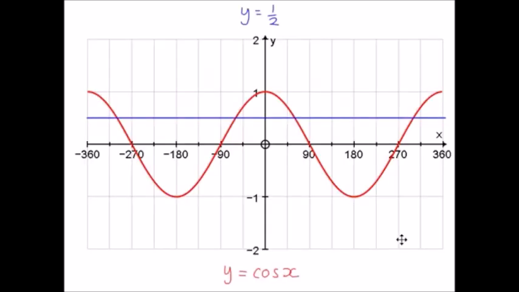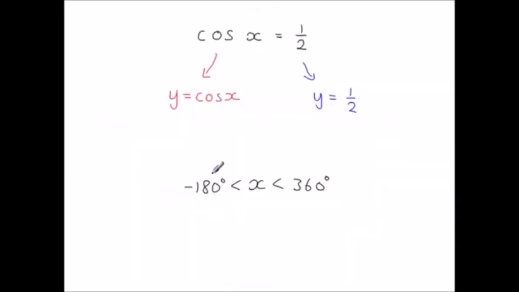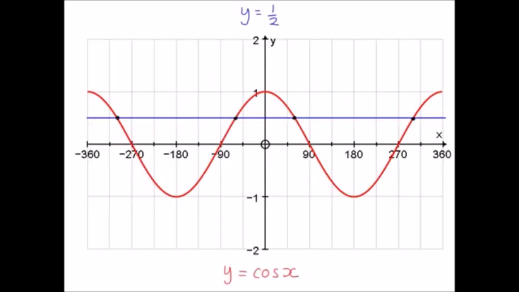So we have these two graphs, the cosine of x and this one here, y equals 1/2. The y-coordinate there is 1/2. And if we look at the points of intersection where they're both equal to each other, 1, 2, 3, 4. At 4 places they are equal to each other. Now we're only interested in those solutions which fall between minus 180 degrees and 360 degrees.